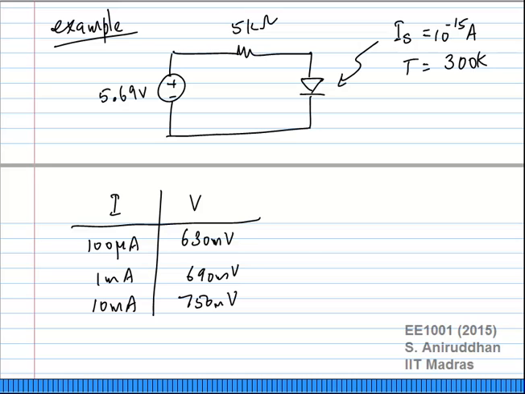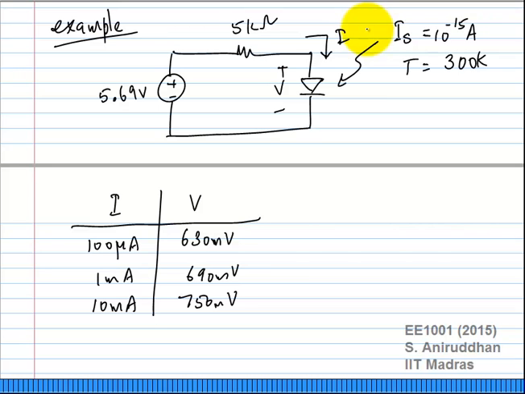What do you think the voltages and currents are? What are I and V? What is I? Well, it's clear that this is 0.69 volts.